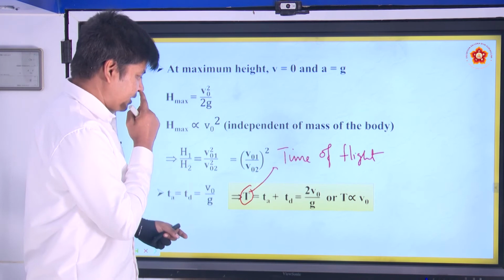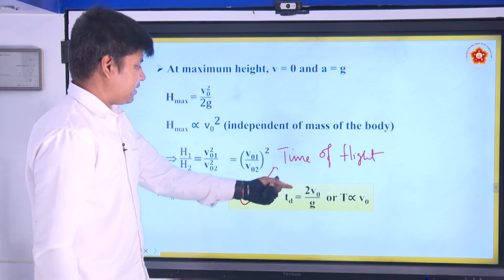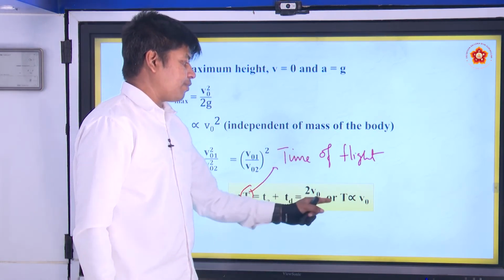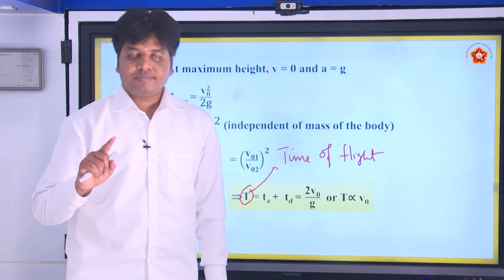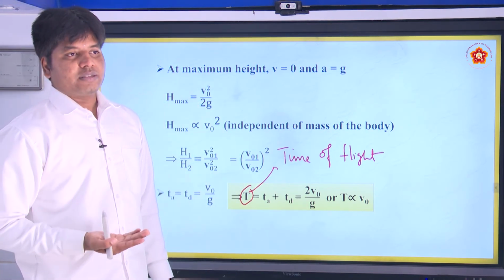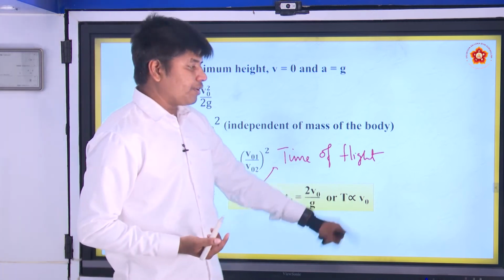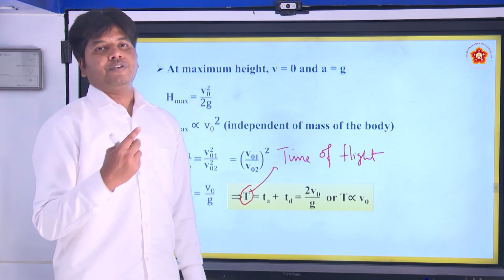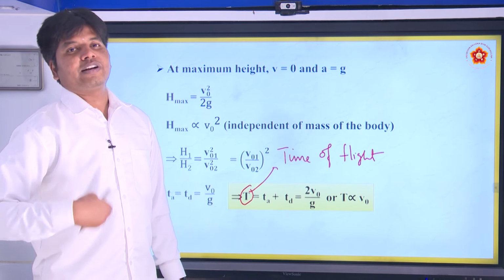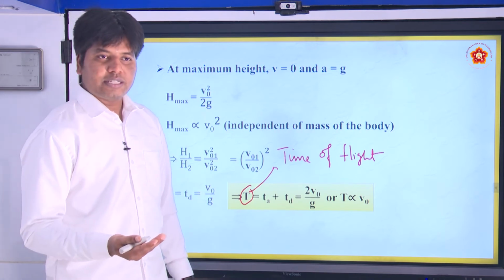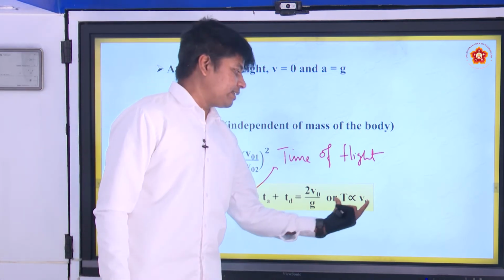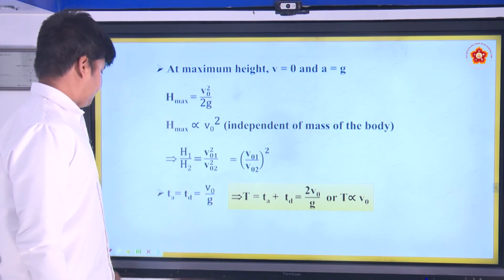So, time of flight is nothing but Ta plus Td, that is 2 V naught by G. So, we can say time of flight is directly proportional to V naught. If you give more velocity, time of flight will be more. If you give less velocity, time of flight will be less. So, that is their proportionality.